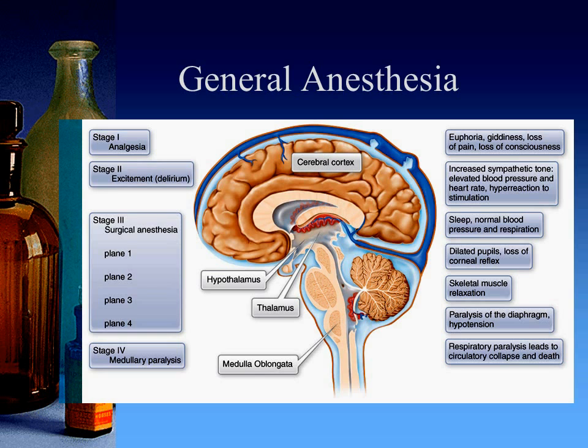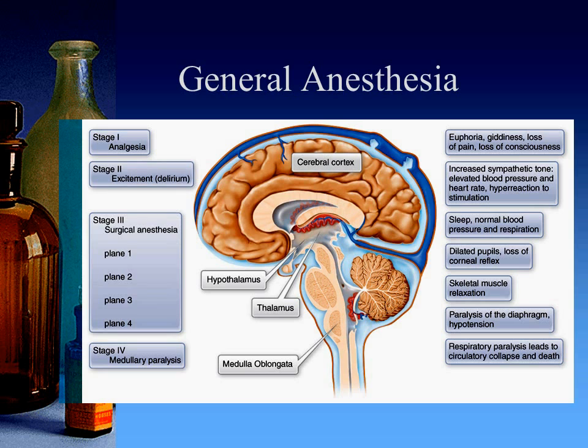So in that second stage when someone's going under anesthesia, you will start to see the blood pressure elevate, the heart rate increase, and respirations and muscle tone will also increase, for a short period of time, while the hypothalamus is more active than the cerebral cortex.